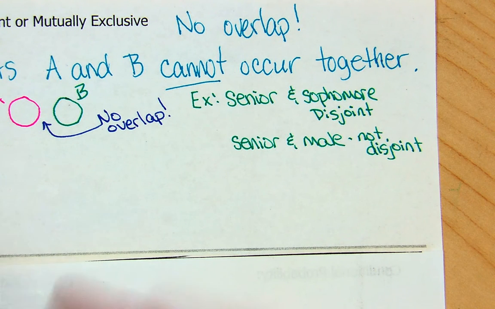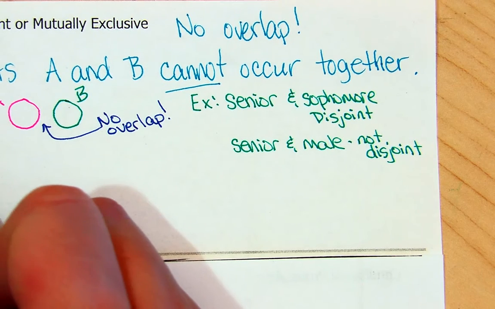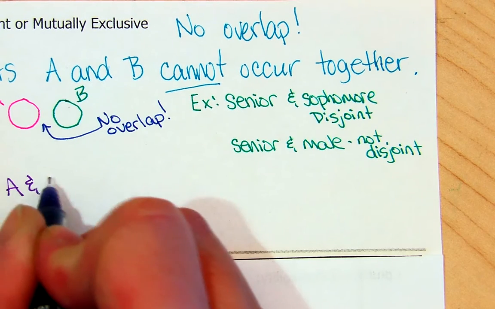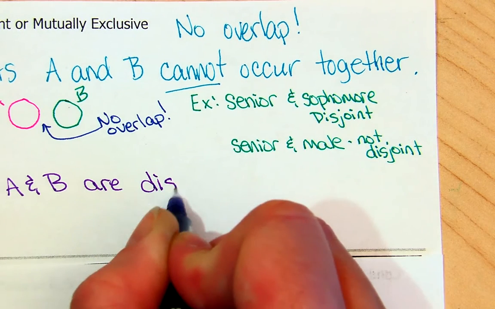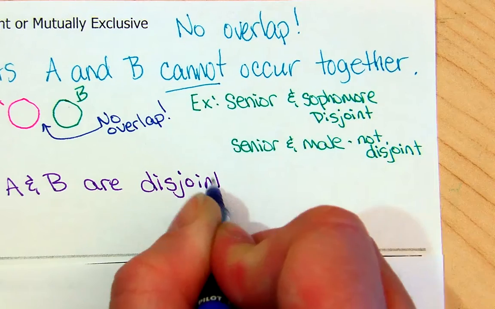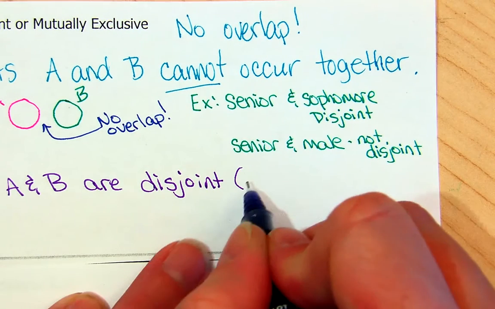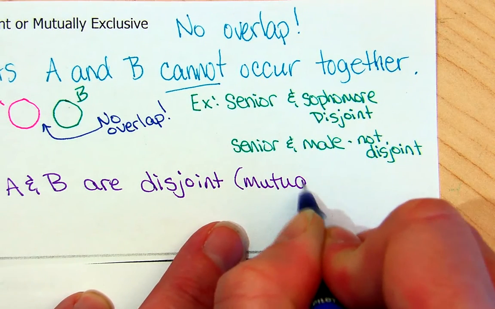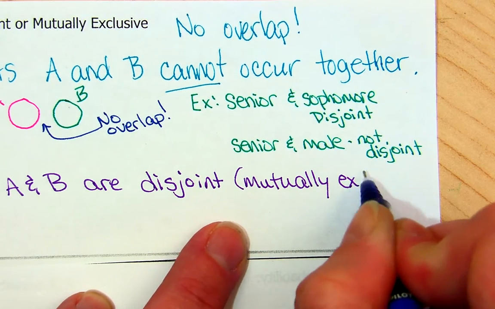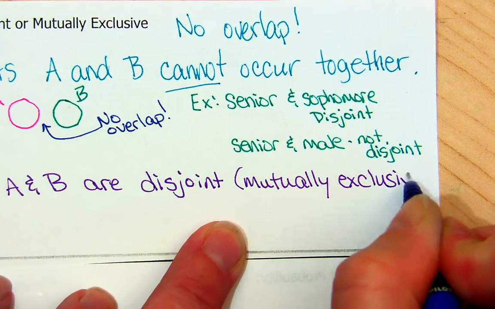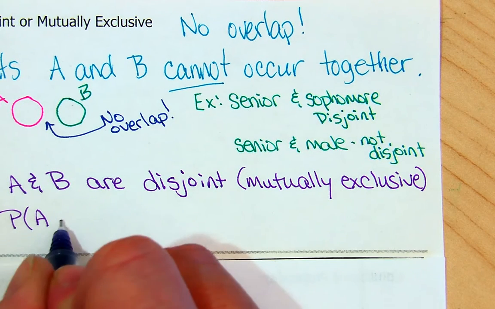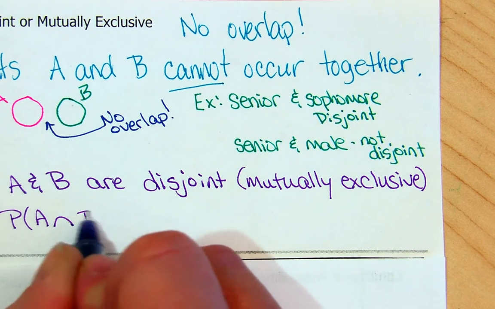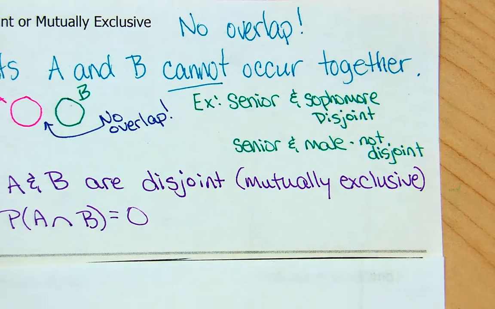So if A and B are disjoint, or mutually exclusive, then the probability of A and B is 0.